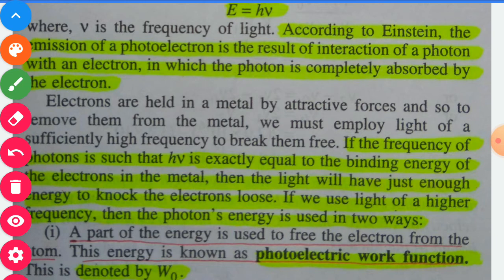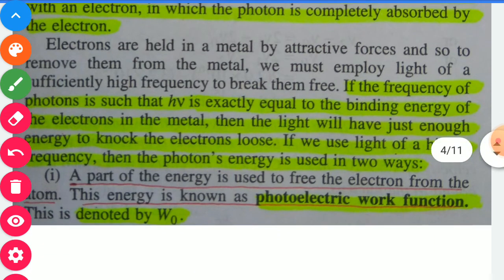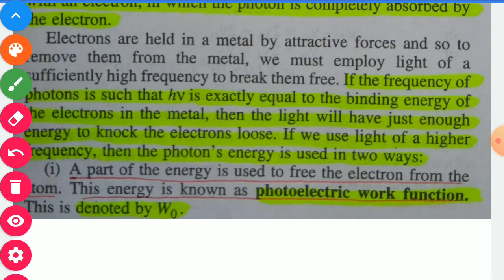If we use light of a higher frequency, then the photon energy is used in two ways. A part of the energy is used to free the electron from the atom. This energy is known as the photoelectric work function.